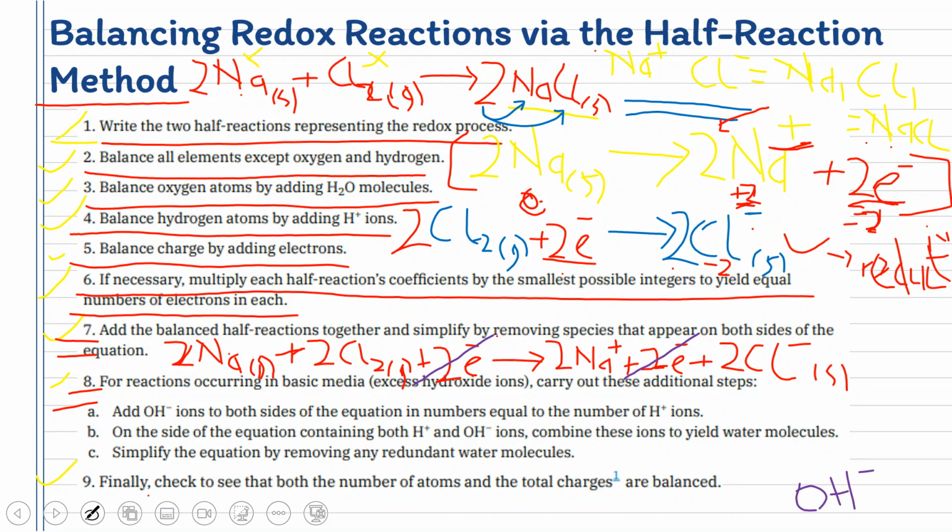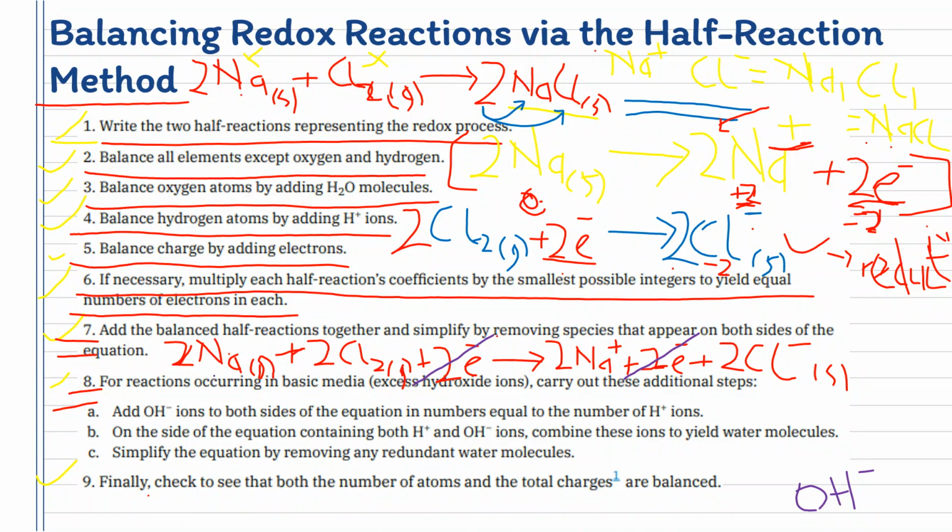Step 9 says to finally check to see that both the number of atoms and the total charges are balanced. So, final check. Check to see if both sides are balanced. I have two Na here, I have two Na here. I have two Cl here, I have two Cl here. So we are doing the final check.